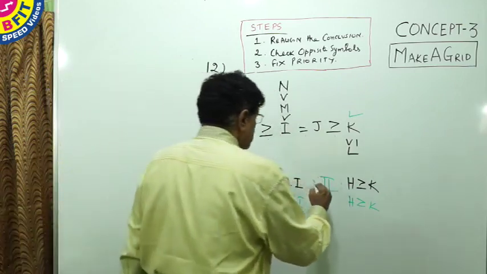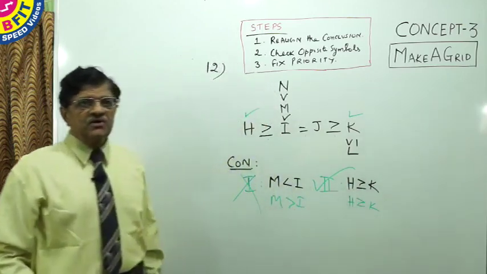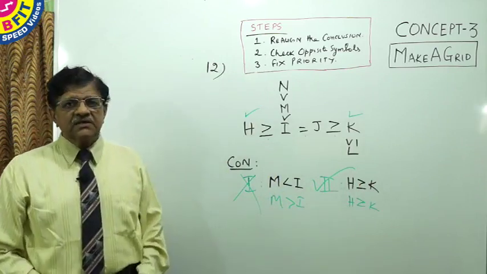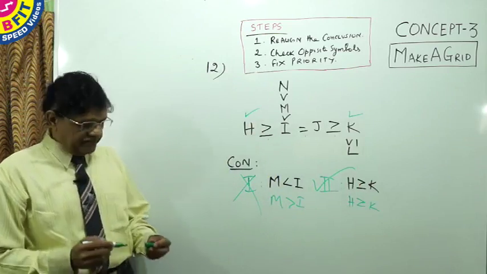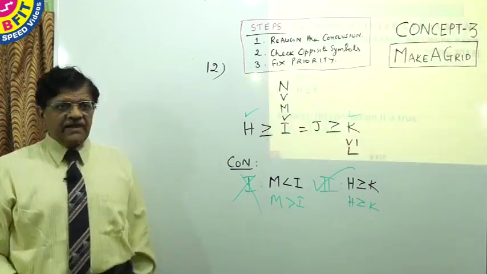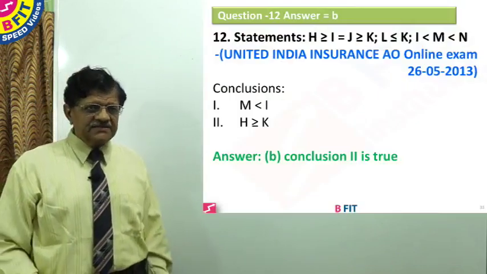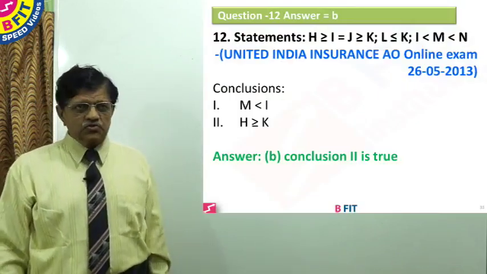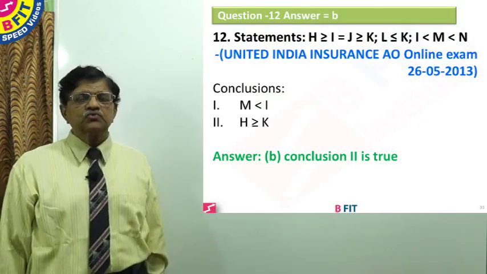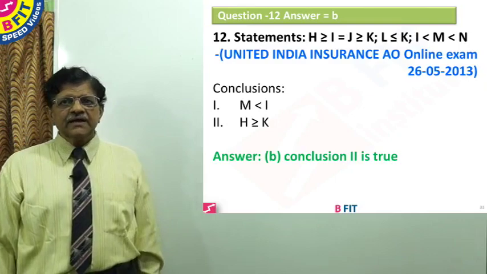Therefore, conclusion 2 is true. For this given question, conclusion 1 is false and conclusion 2 is true. Let us see the answer slide. The answer slide clearly says conclusion 2 is true. For this question, conclusion 2 alone is true. Now we shall see the next question.